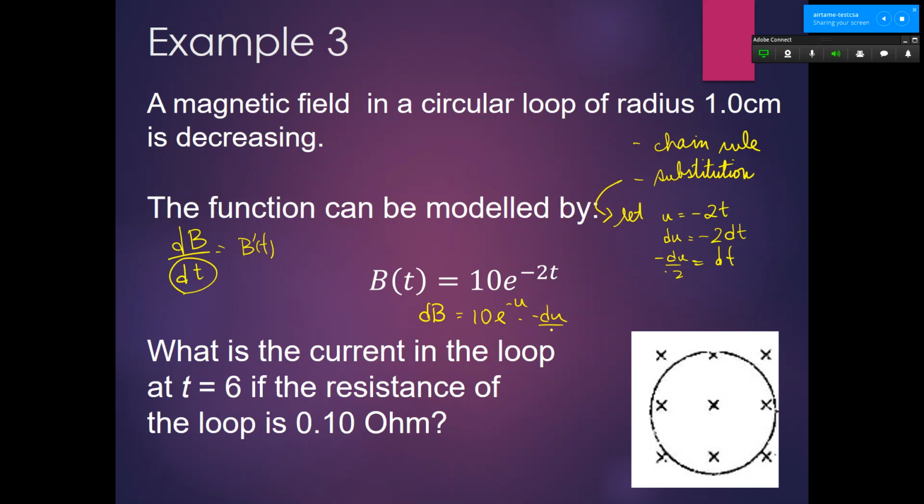Is that correct? Oh, wait. So, you have to take off my e. There. All right. So then my change in magnetic field is now going to be 5, or negative 5, e to the u du. Oh, goodness, so buggy.